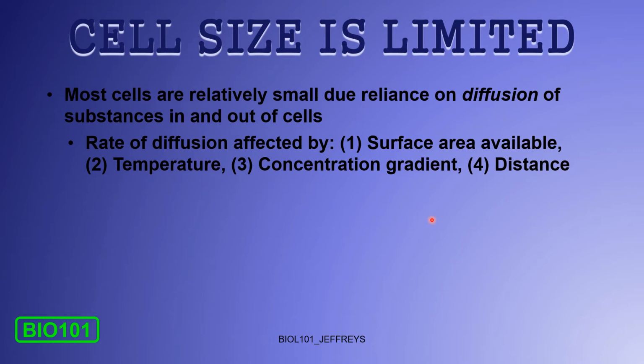And that rate of diffusion, how fast it goes or how slow it goes, is affected by surface area, temperature, concentration gradient, and the distance the material has to travel once it gets inside of the cell to get to the place where it needs to be to do whatever it needs to do.